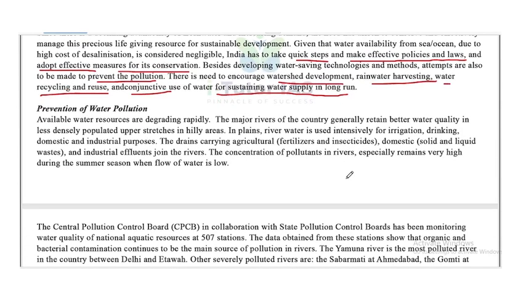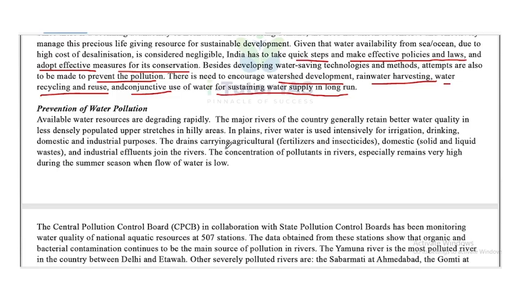Now, prevention of water pollution. Available water resources are degrading rapidly. The major rivers of the country generally retain better water quality in the less densely populated upper stretches in hilly areas. In plains, river water is used intensively for irrigation, drinking, domestic and industrial purposes.